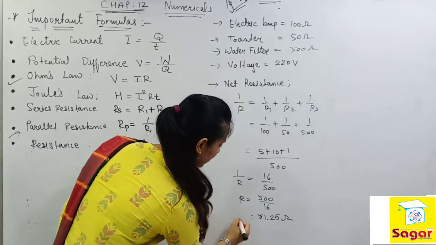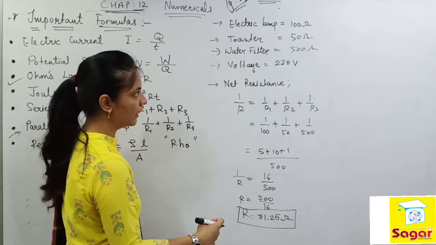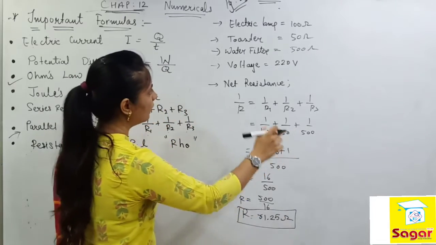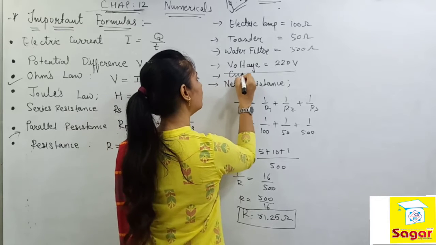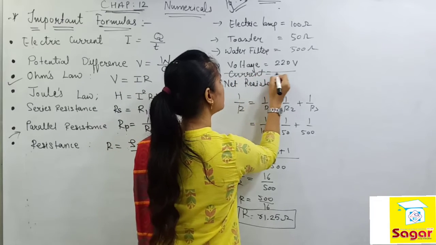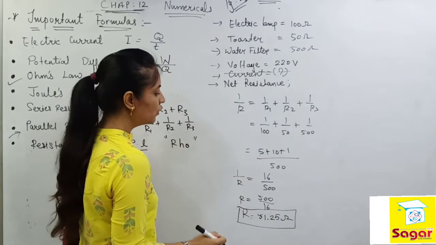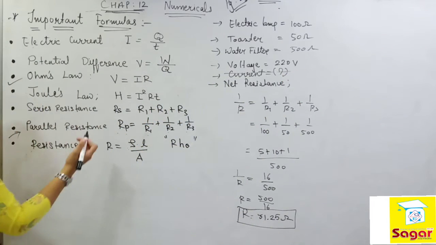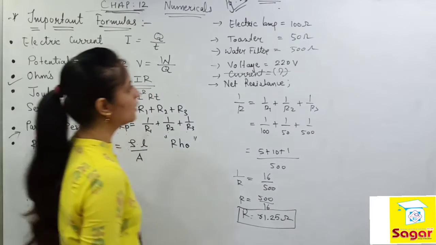You have the value of R, 31.25 ohm, and you also have the value of voltage. If they ask you to find the net current acting in the circuit, you need to think which equation is appropriate to use. So this is V is equal to IR, Ohm's law once again.